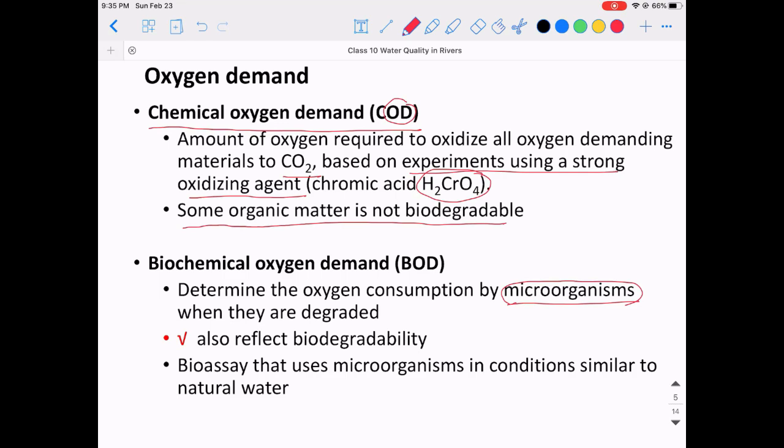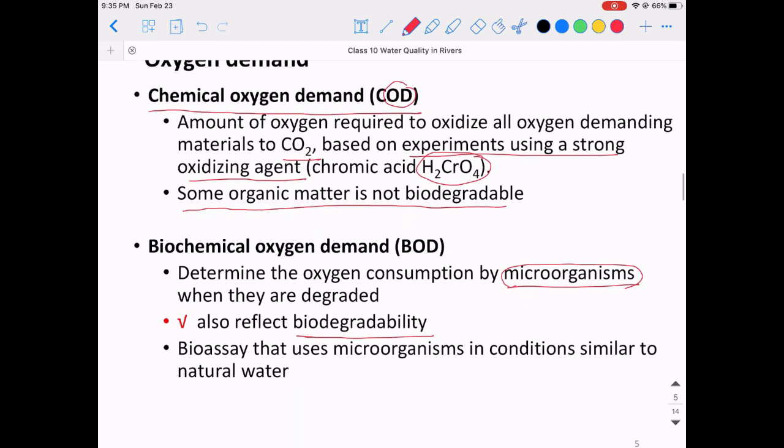Okay. So people like this parameter because it also reflects the biodegradability, so it can be more related to the environment. Also, it uses bioassay.